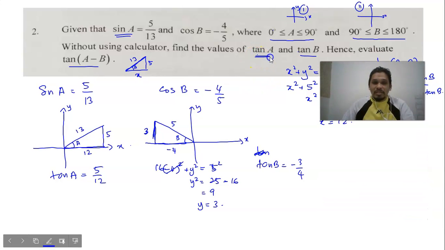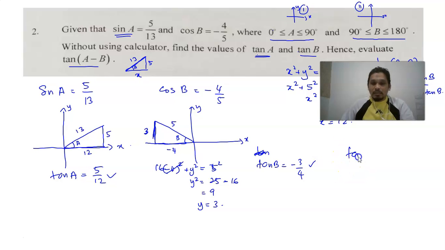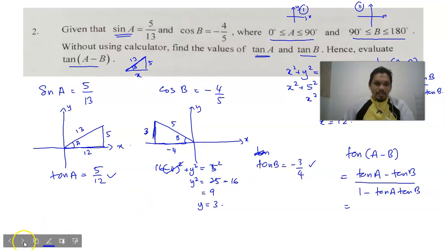Okay, so let's take a look at the question again. Find the values of tangent A. So tangent A is all here, and tangent B. Now evaluate tangent A minus B, which is tangent A minus tangent B divided by 1 minus tangent A tangent B. Okay, I think that I need more space for this question here.